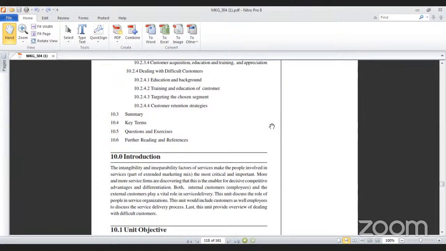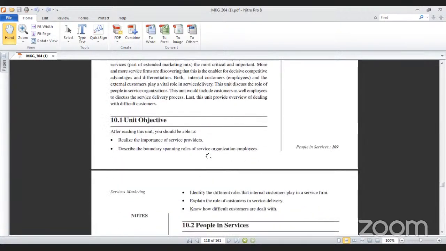Both internal customers, employees, and the external customer play a vital role in service delivery. This unit discusses the role of people in service organizations. This unit would include customers as well as employees in discussing the service delivery process. Last, this unit provides an overview of dealing with different customers.